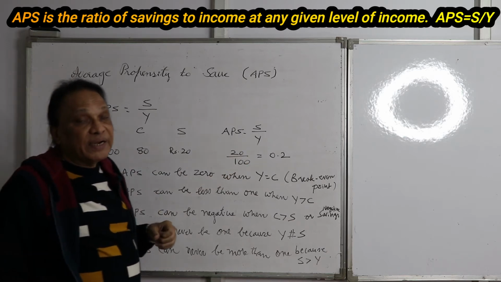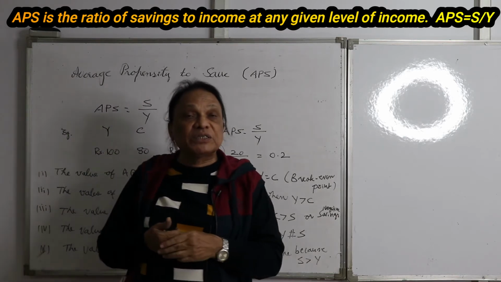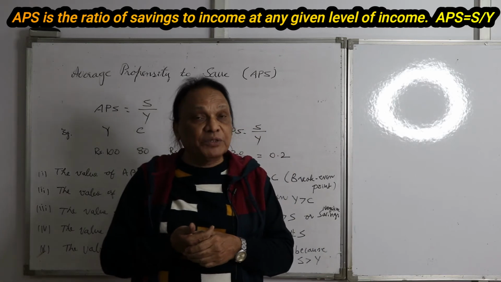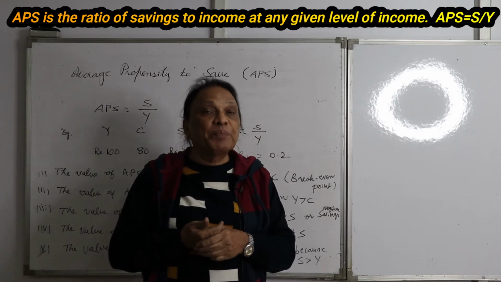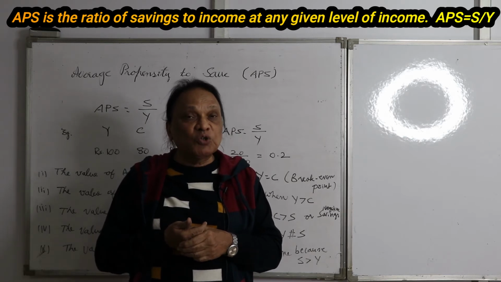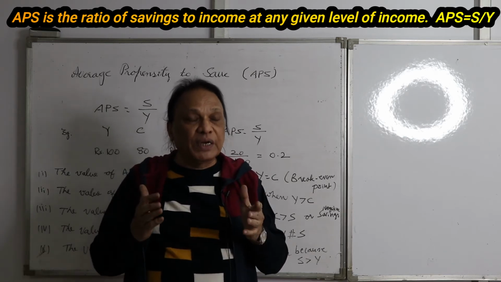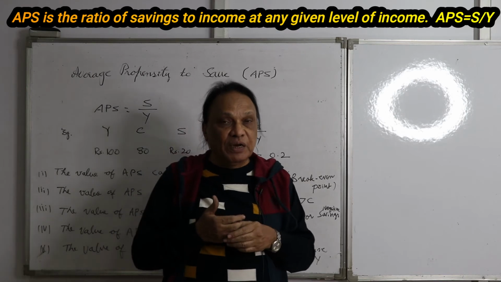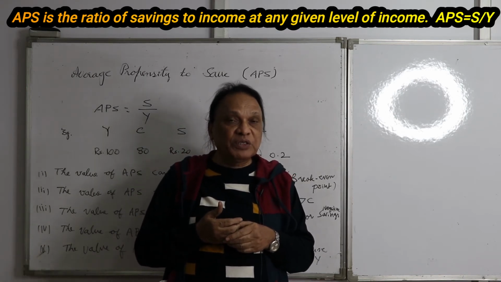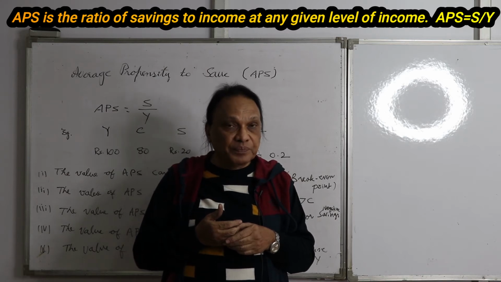What it means is that 20% of the national income has been saved and 80% of the income has been consumed. APS is the ratio of savings to income at any given level of income. APS is equal to S upon Y. S stands for savings, Y stands for income.